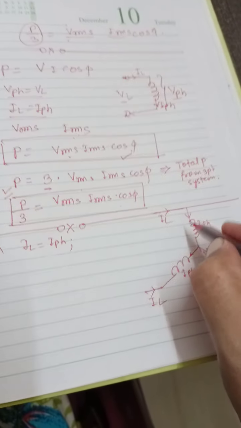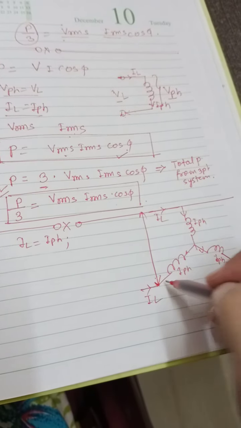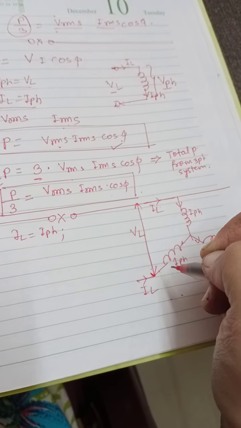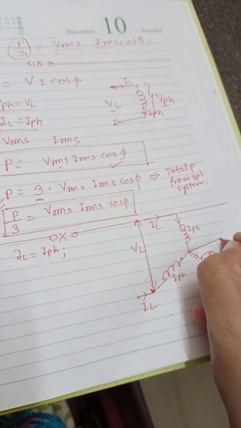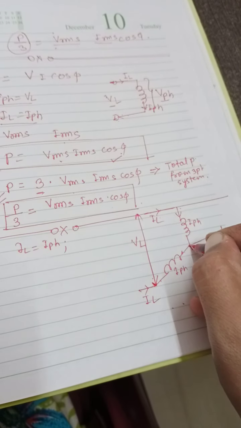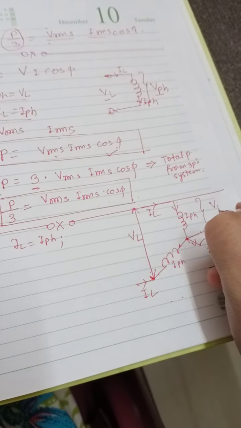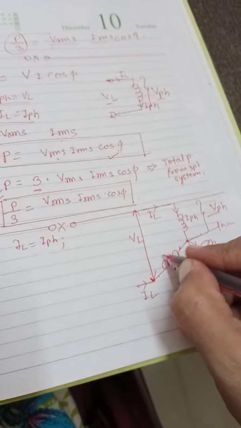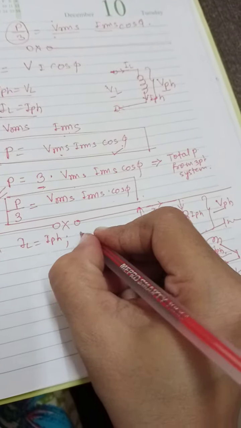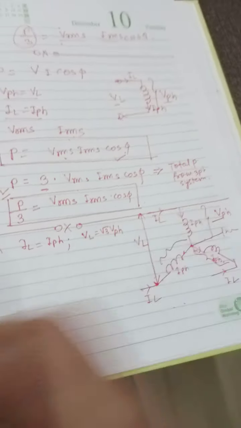But when you consider the voltage between the lines, between R and Y or Y and B or R and B, you can represent it as the line voltage VL. The phase voltage is nothing but the voltage between one line and the star point. So this is the voltage across the phase, and we can represent it as the phase voltage. The phase voltage is available across this phase, and across this phase also. Hence for a star connected system, VL is equal to root 3 times VPH.